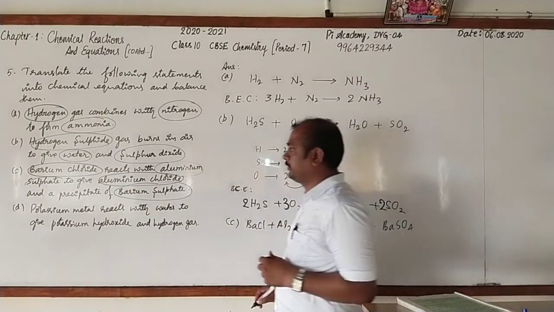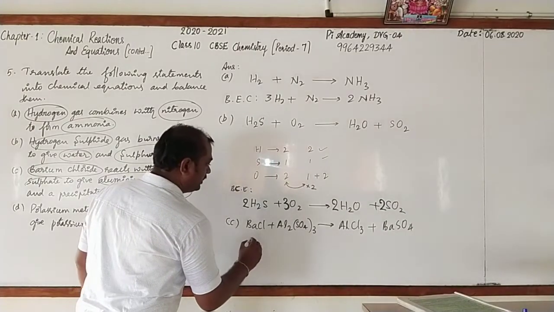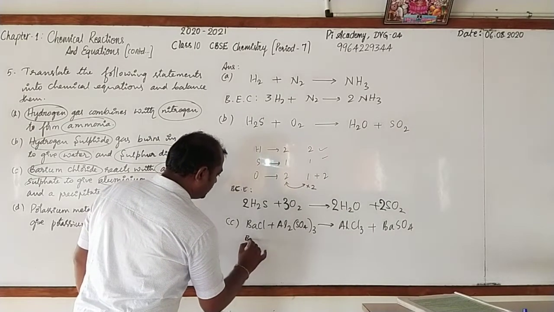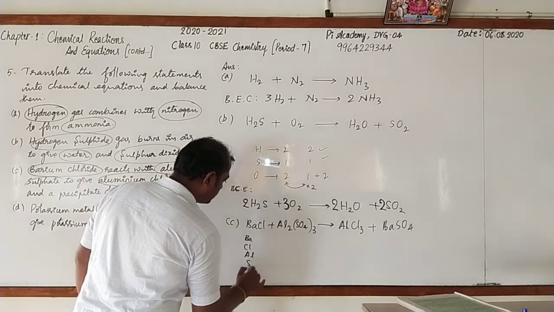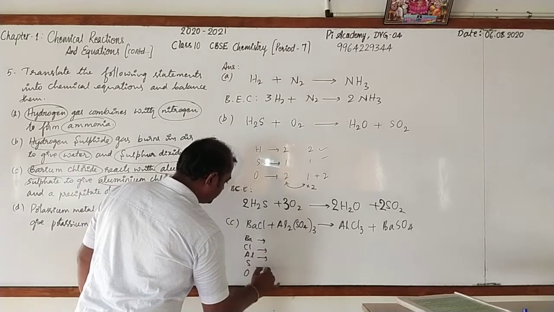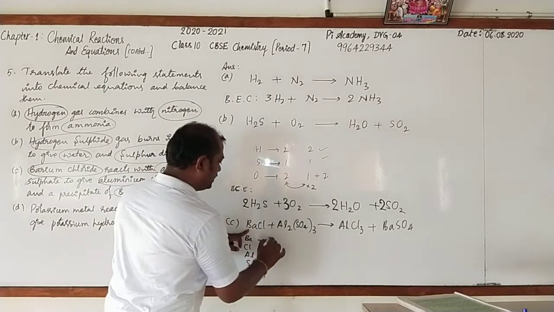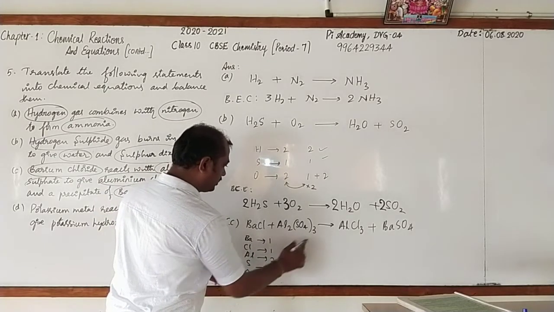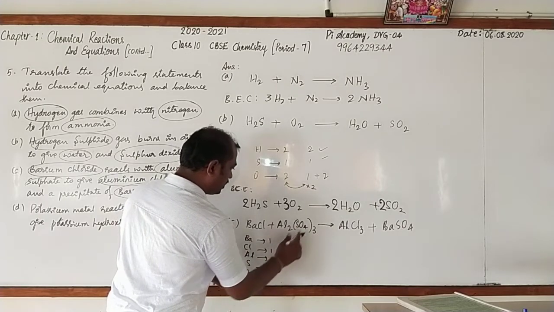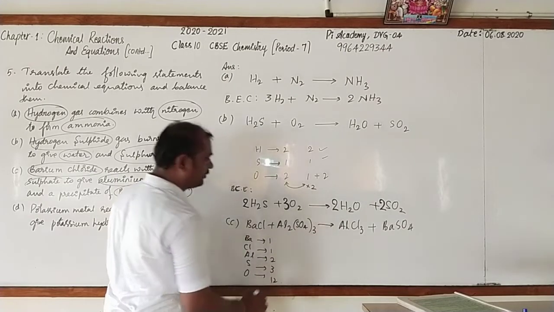Here also we have to take the elements that are involved: barium, chlorine, aluminium, sulfur, oxygen. On the left hand side, number of atoms: barium 1, chlorine 1, aluminium 2, sulfur 3, oxygen 4 3s are 12.